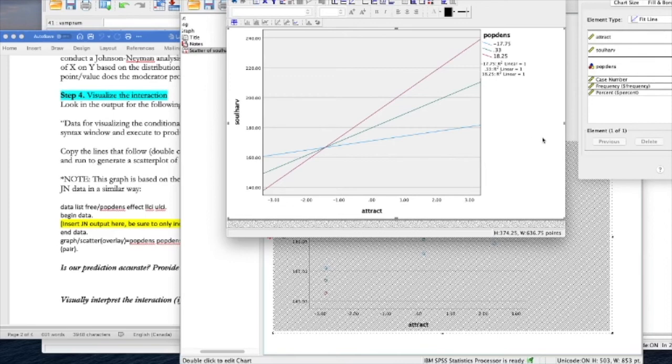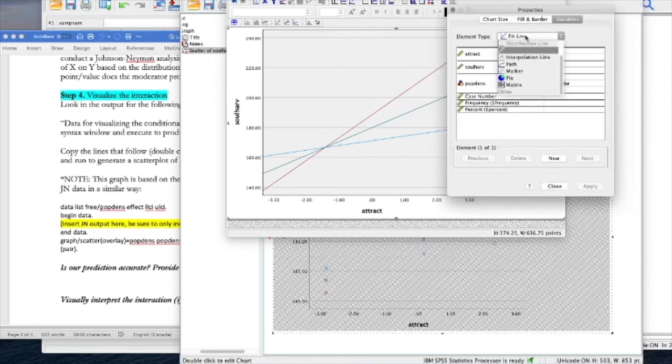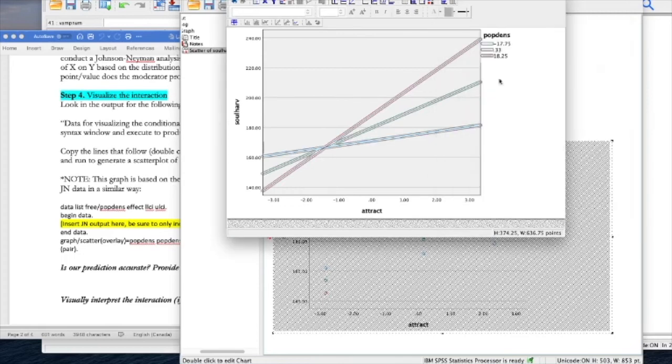I think it's easier to see when it's lines, so I changed it from just markers to fit line. It doesn't really matter which one you do.